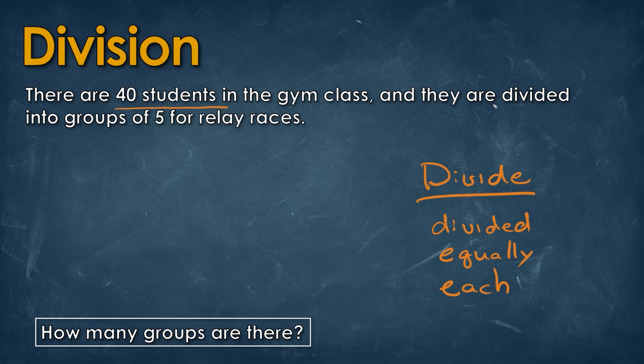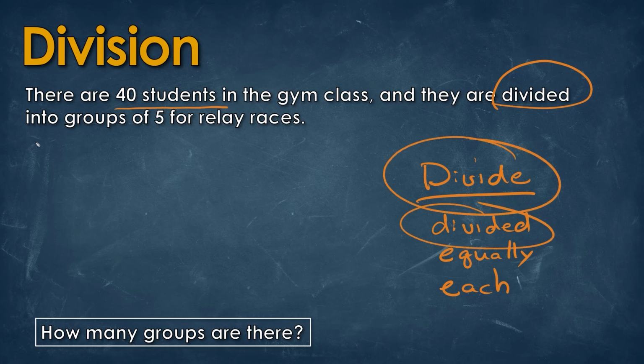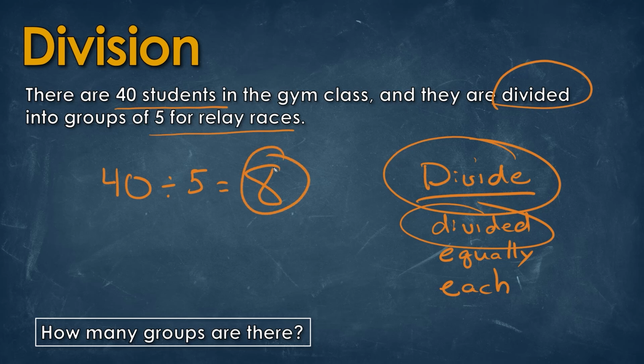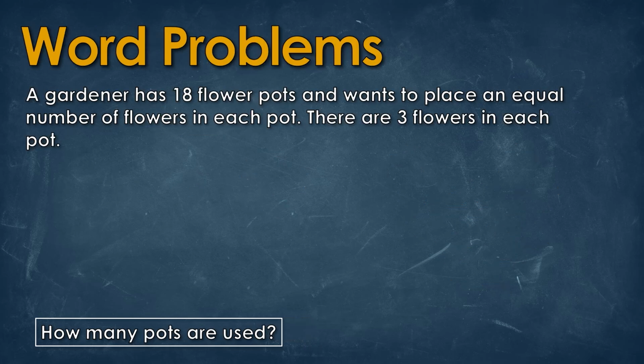They are divided, so we see that word divided, which means we are going to divide. They are divided into groups of 5 for the relay race. How many groups are there? If we have 40 and we divide it by 5, using our multiplication table, we know that that is going to be 8.